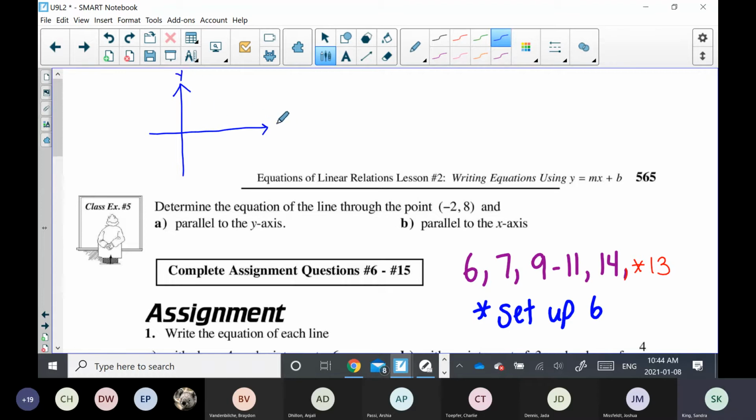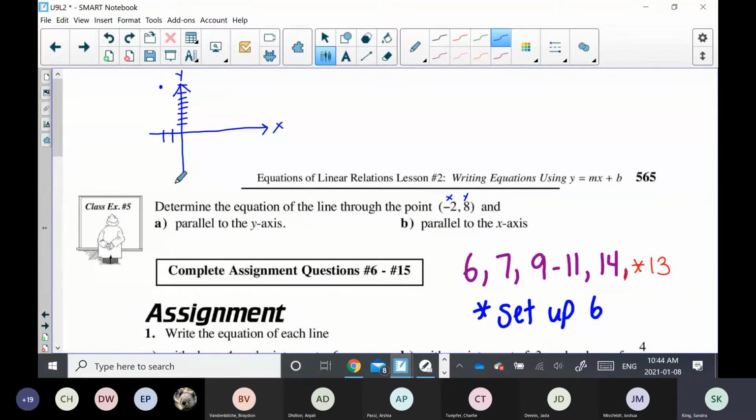Let's label, and let's plot this point. So x is -2 and y is 8. So that would be my point right there.